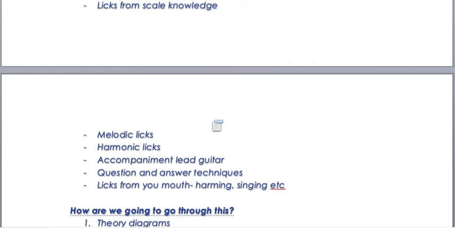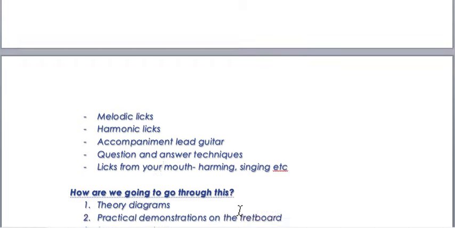In this case, you might be answering the bass using the lead guitar, or you're answering the rhythm guitar, or a keyboard, or whatever other instrument is playing, and you answer it with the lead guitar, or you ask a question with it. And then we go to licks from your mouth, either humming or singing, da da da da dun da da dum, then you play that on the guitar.